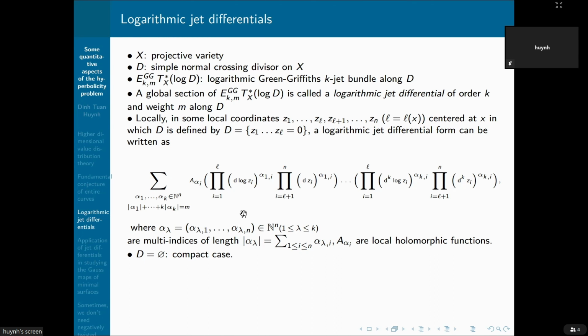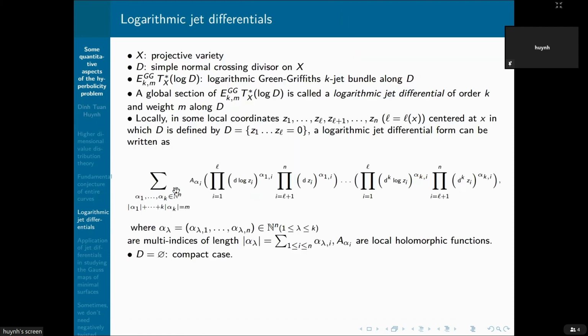And if you assign weights to d^k log z_i and d^k z_i, then this forms essentially a weighted homogeneous polynomial. So this is empty, we are in the compact case.